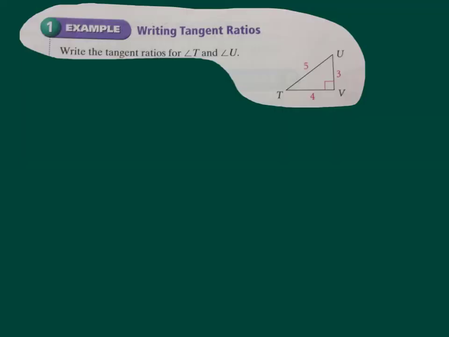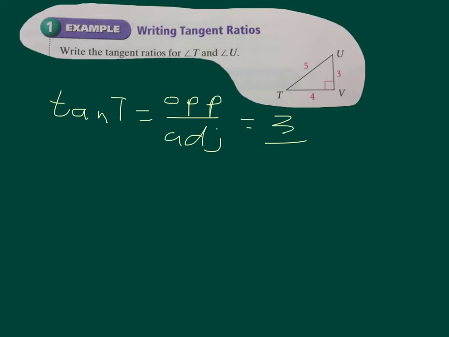Let's begin with example 1, triangle TUV. We're trying to find the tangent of angle T, which you are simply going to write as tangent of T, which is going to equal opposite over adjacent, which is going to equal, for T, the opposite side is 3, and the adjacent side is 4.